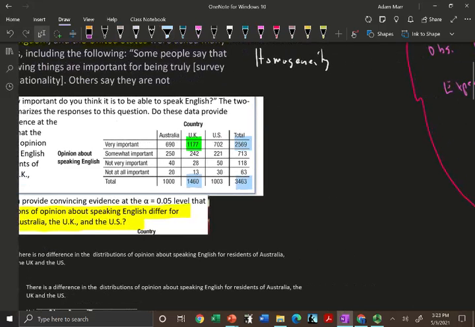So if they just ask me specifically for UK people who think it's very important to speak English, that would be 2569 over 3463 times 1460, and you get whatever that is. Now, the problem is that takes a lot of time if you need all of the expected values, which you do for the planning stage, for the conditions. So what you would do right here.